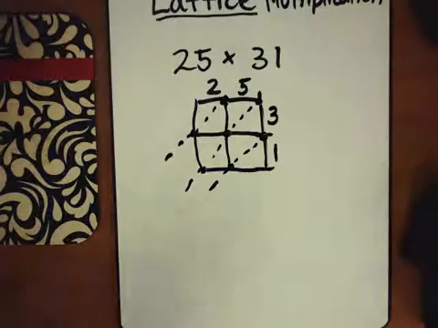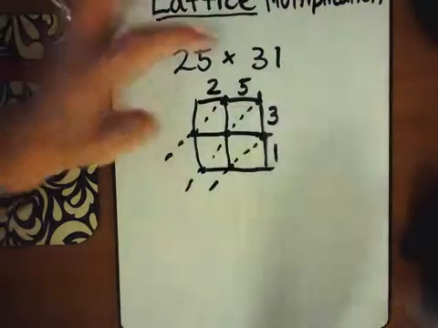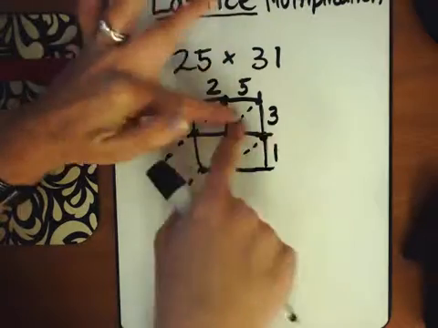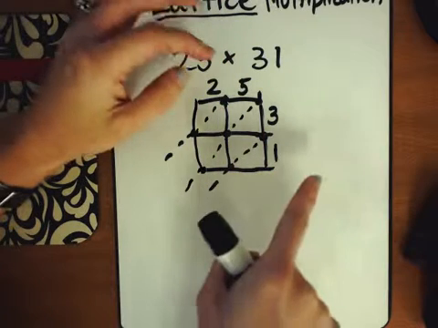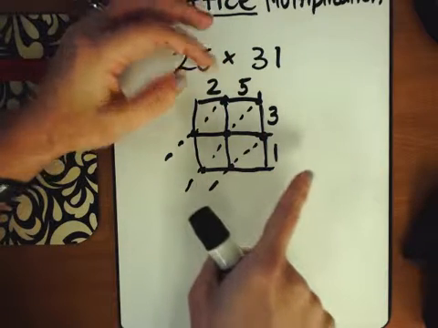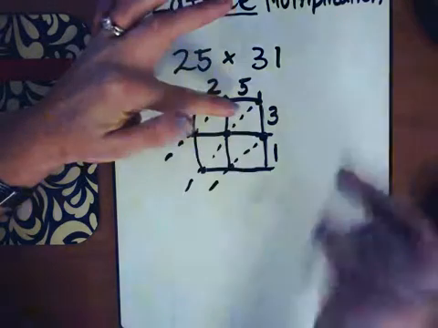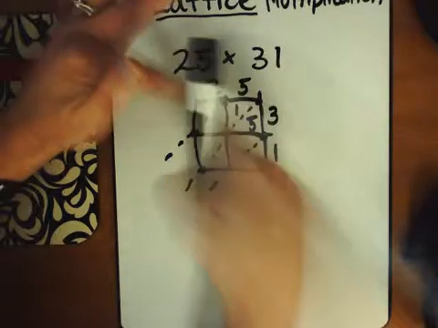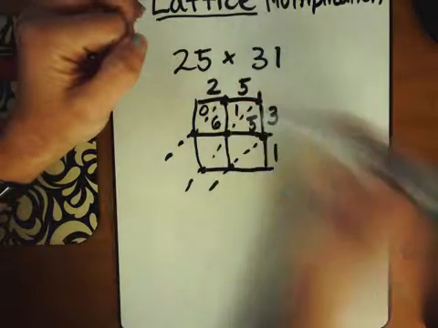Okay, let's go ahead and check this. So as we take a look here, I'm going to go ahead and multiply my 3 times my 5, my 3 times my 2 to start off with, getting this first row done. So 5 times 3, friends, is 15. 3 times 2 is 6, so that's 0 tens, 6 ones.